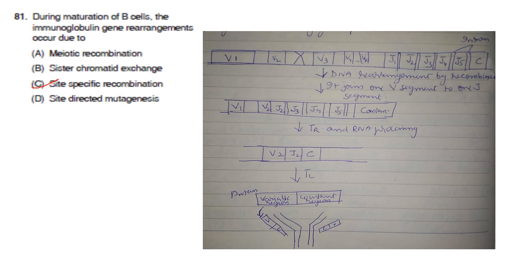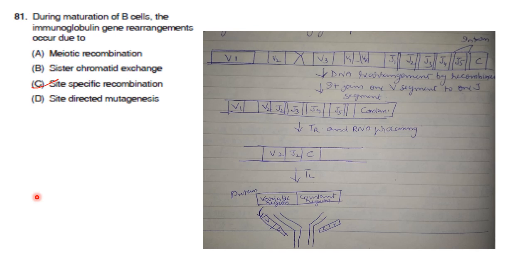Then, during maturation of B cell, the immunoglobulin G rearrangement occurs due to. So the answer here is site-specific recombination. In site-specific recombination, the DNA molecules are rearranged by breaking and rejoining the strand at specific points.